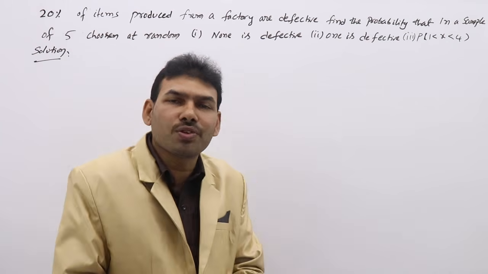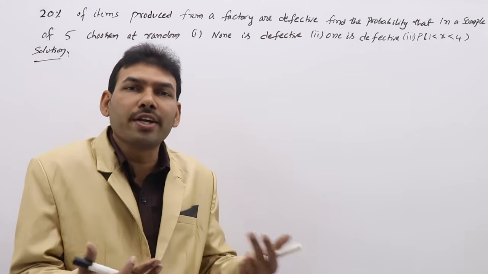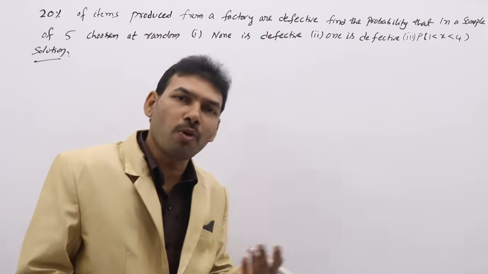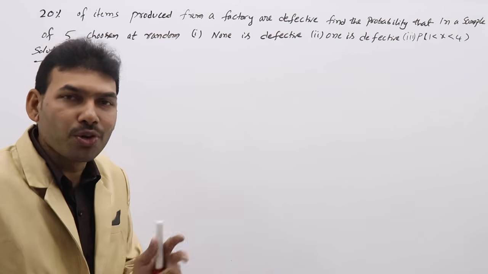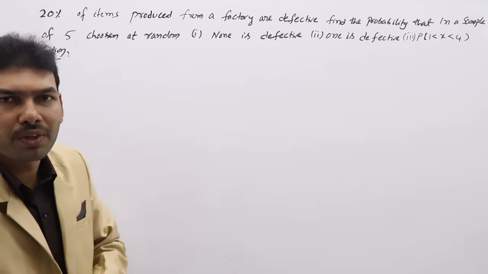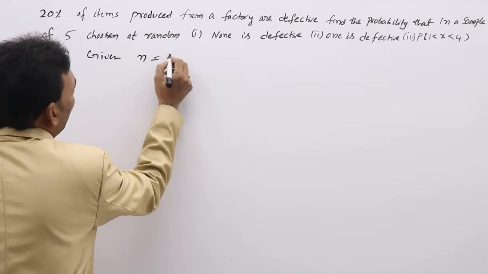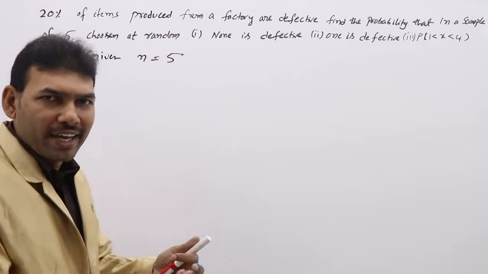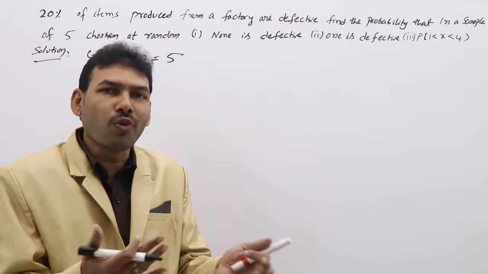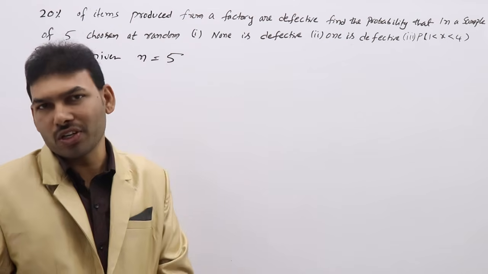If n is large, for example, a sample of 100, 150, 1000, 2000 taken, the same problem goes to the next distribution, that is Poisson. Very clear how to select the distribution. So after reading the question, find out n, small n. If n is small, so finite value less than 10 or up to 20, you can go for binomial. Beyond that, you can prefer Poisson.